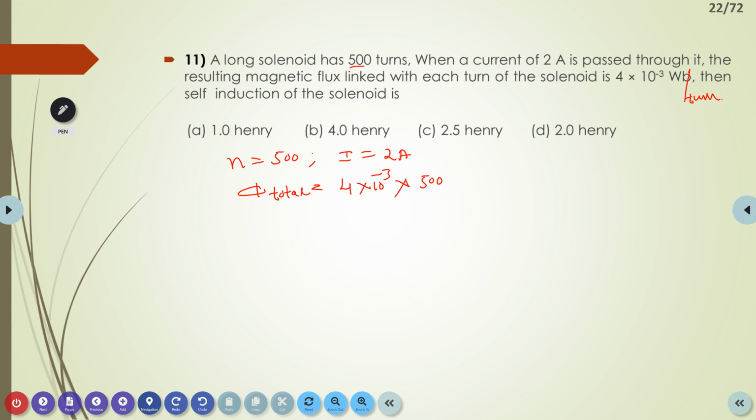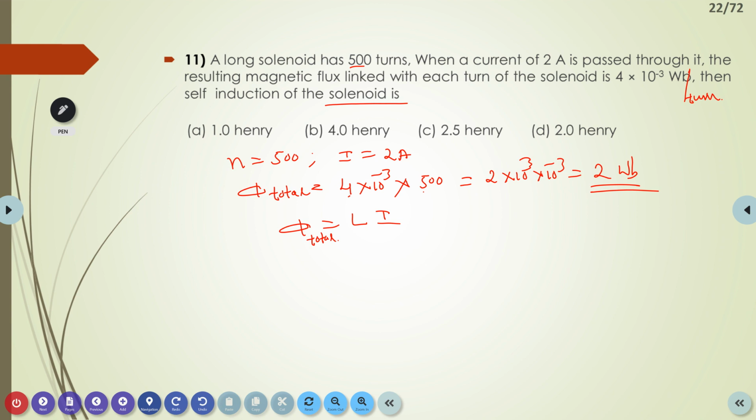It becomes 4 into 5, it is 2 into 10 to the power of 3 into 10 to the power of minus 3 equals 2 Weber. Flux is 2 Weber. Now you want to calculate the L value. We know that equation: phi equals L into I. It is phi total.